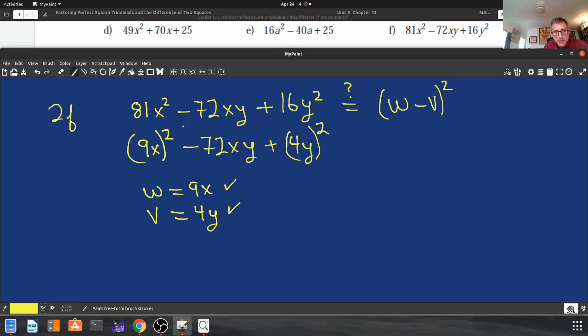Since this is a minus, I have to check the value of minus 2WV. So always remember you have to add a minus 2. I'm just grouping together the 9 and the 4, xy.